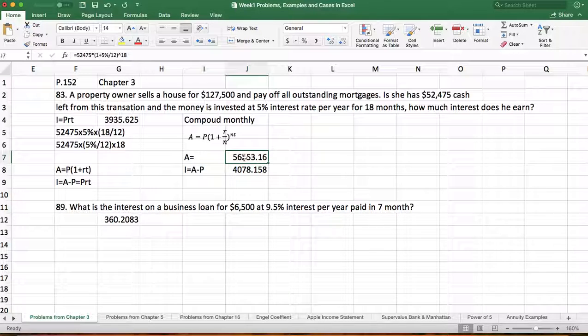So we got the accumulated amount. The interest earned is the accumulated amount minus the principal. So we got this number. If there is no compounding, simple interest, the interest the property owner earns is this amount. If compounded monthly, the owner gets this amount, a little bit bigger.